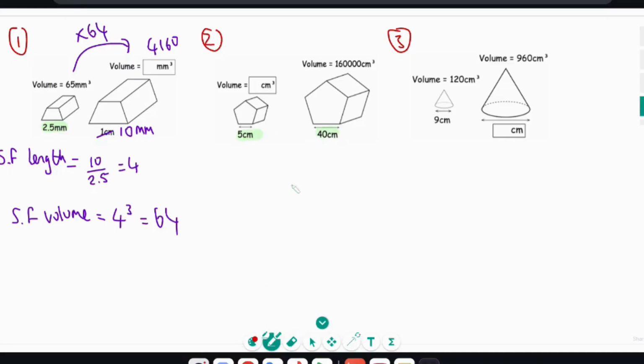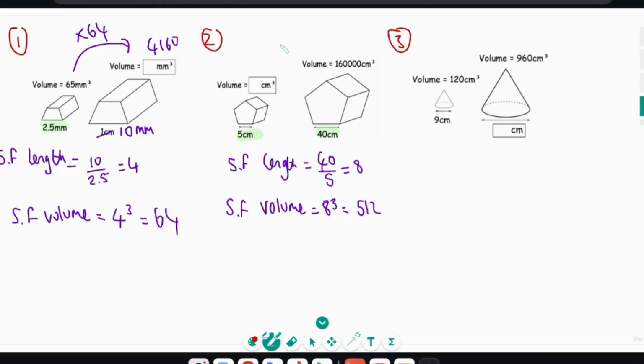A length and a length, so we can find scale factor for length. 8. Scale factor for volume, let's cube our scale factor for length. 512.